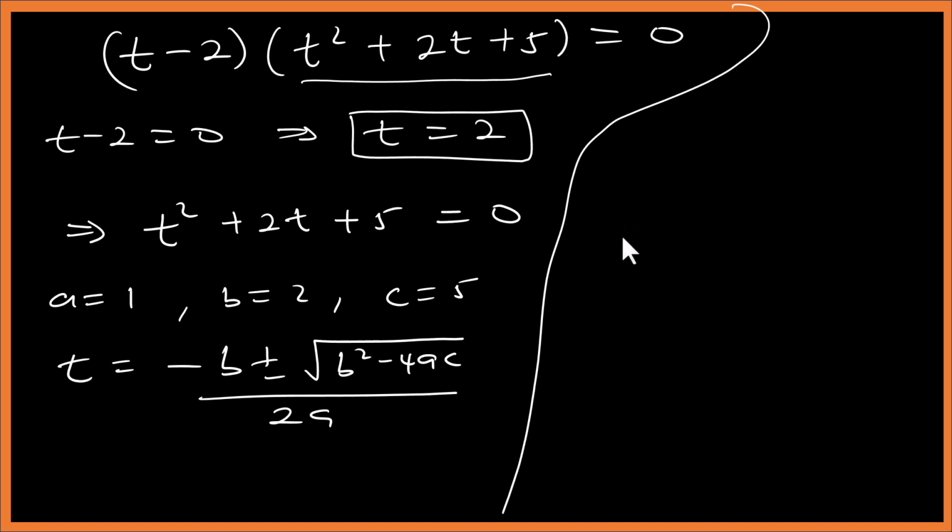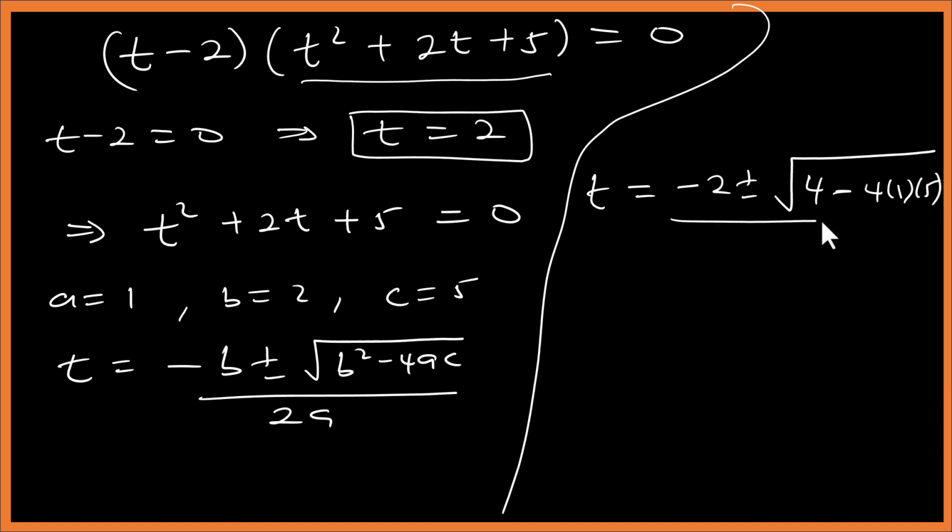So t is minus 2 plus or minus the square root of 4 minus 4 times 1 times 5, on 2 times 1.